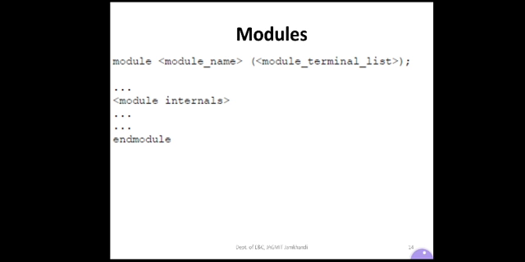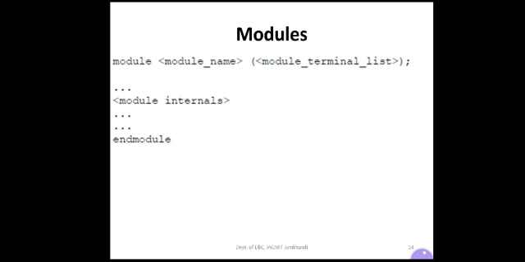For example, a D flip flop consists of D input, clock input, Q output, Q bar output, and reset input. All these can be listed in the module terminal list. Then that module statement is ended with a semicolon.